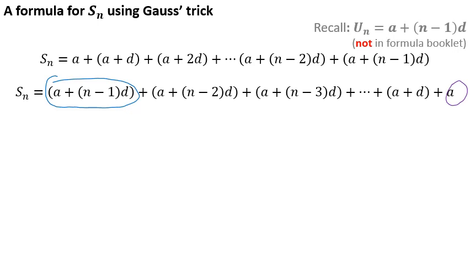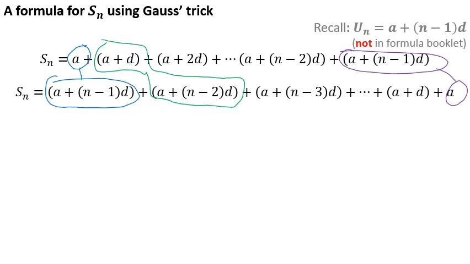And now we're going to pair them up. So the first term of each and the last term of each, for instance, we're going to put those together, we're going to put these together, and we're going to see what happens if we do that for every single term. A plus d, add a plus n minus 2d, and a plus 2d, add a plus n minus 3d, and so on.